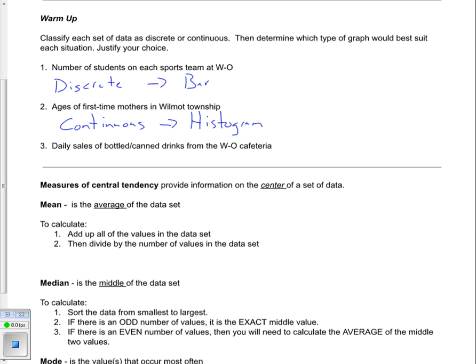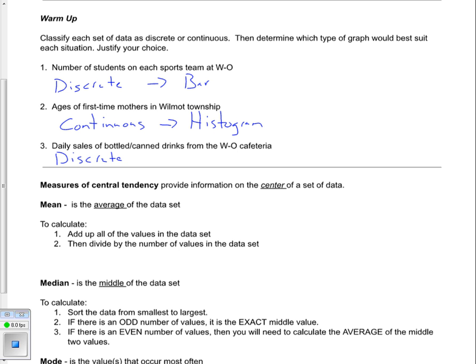And then for number 3, it says daily sales of bottled or canned drinks from the WO cafeteria. So you can't sell half a drink, so this is discrete data. And in terms of whether or not you're going to make this a bar graph or a line graph, really does depend on how long this is going to go on for.